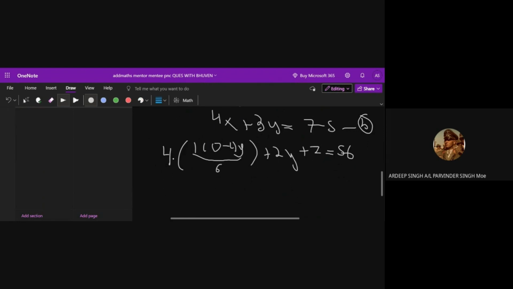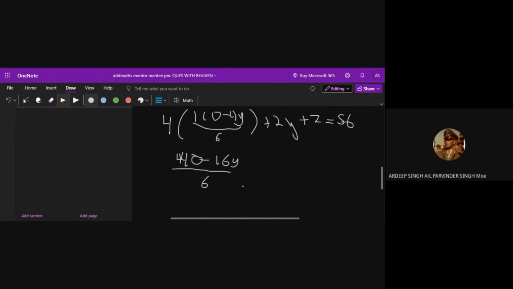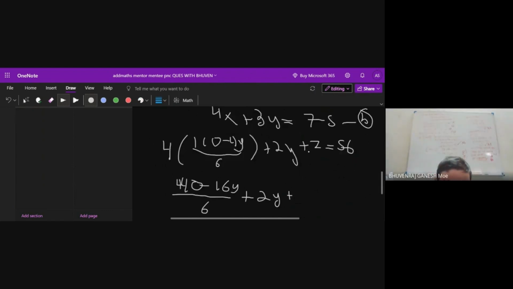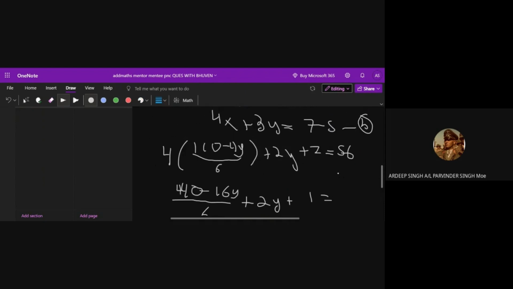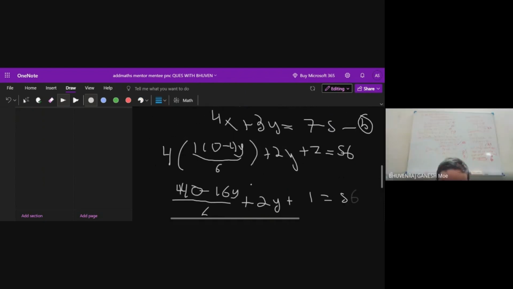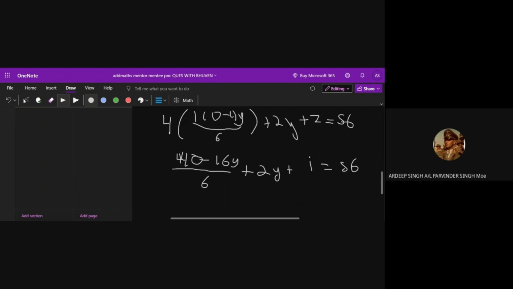So now 4 times 110, you get 440. 440 minus 16y over 6 plus 2y, plus the z is 1, correct? Equals to... wait. So we times 6 on all of it. Remember I told you the Indiana Jones story?